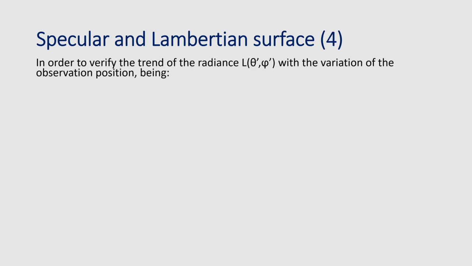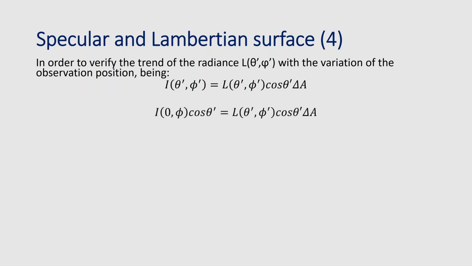And in order to verify the trend of the radiance with the variation of the observing position, this expression being valid, that means that we can substitute the different quantities here, and you see we can arrive at this just simplifying the two cosines that we have in the two different terms of this equation.